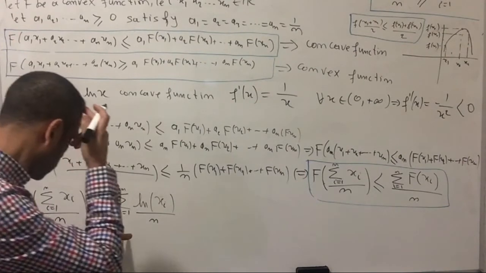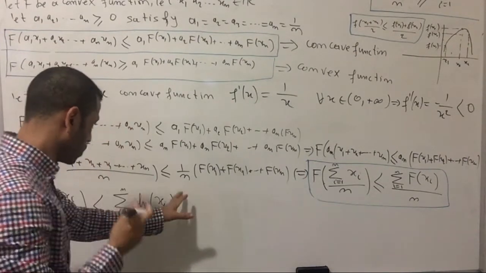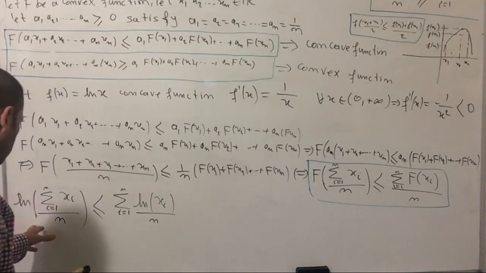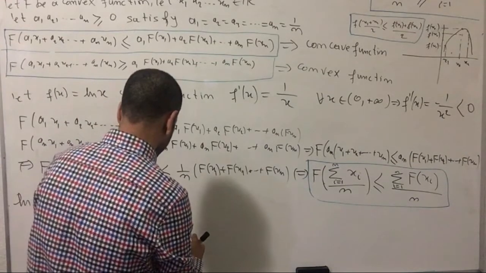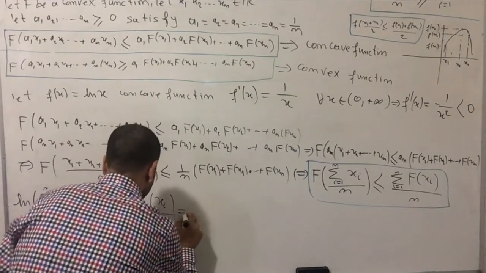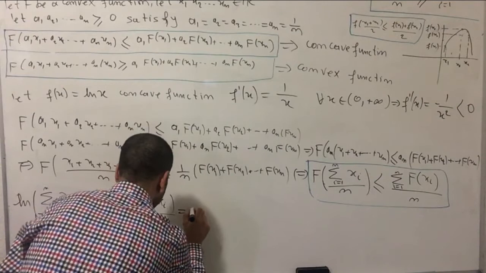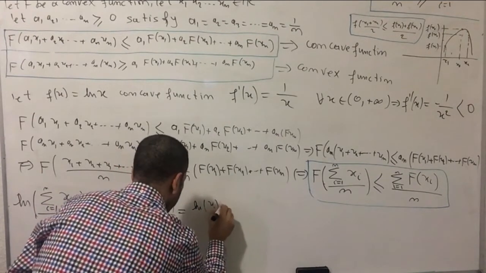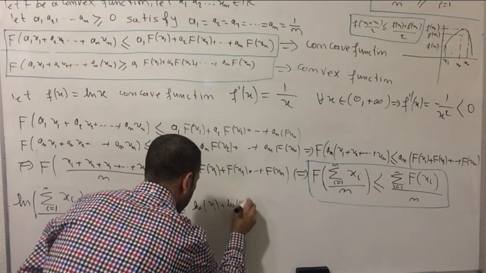Now if you take a look at the right hand side, if I put this natural log on this form, this one goes natural log of x1 plus natural log of x2.